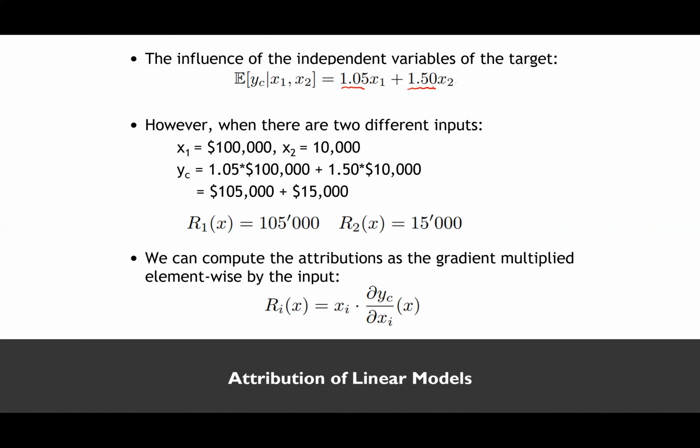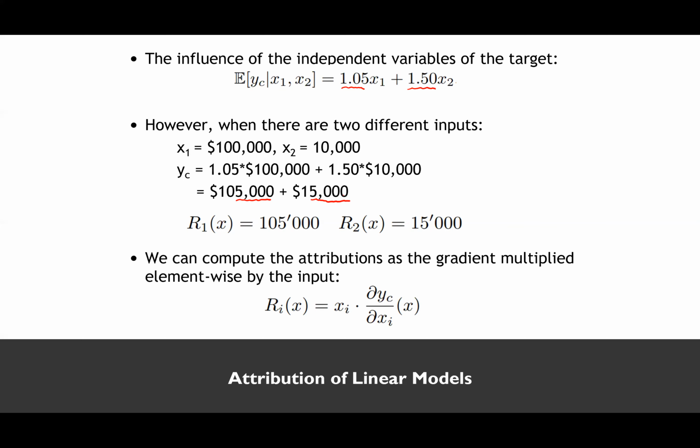When there are two different inputs, we invest 100,000 for x1 and 10,000 for x2. Then yc is a 5% increase of the 100,000 and a 50% increase of the 10,000. So we have the same amount of return, 5,000.